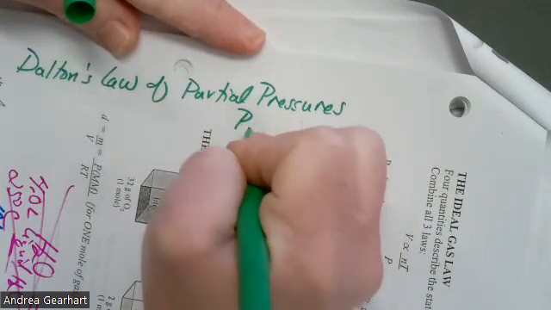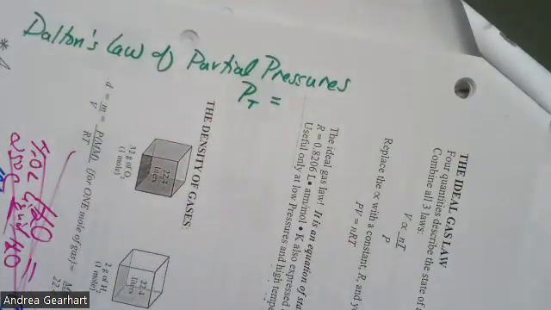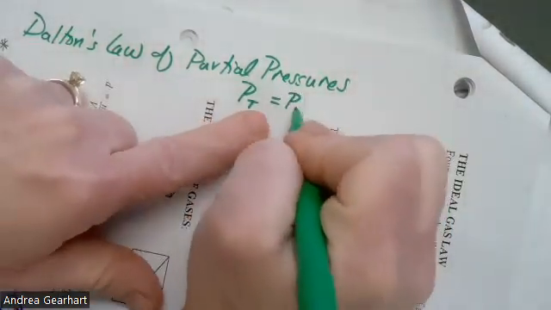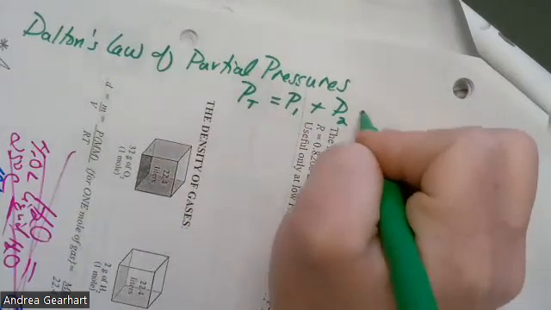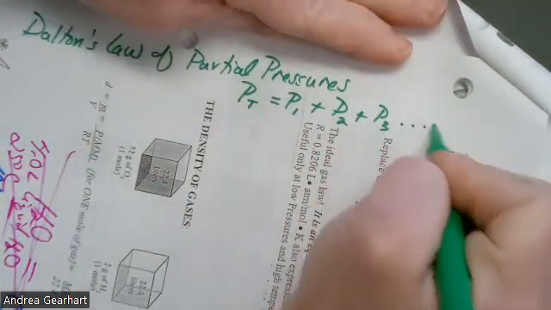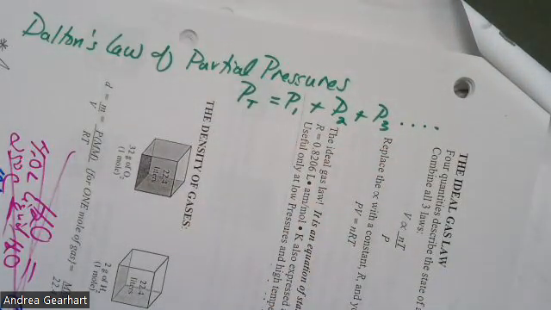If you have multiple gases in a mixture, the total pressure is a result of the individual gas pressures added. And we could just go on and on. We called those partial pressures because they're part of the mixture.